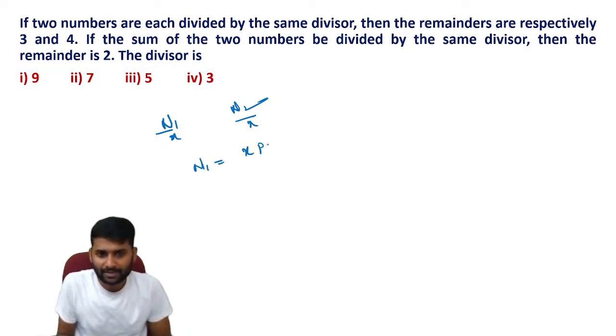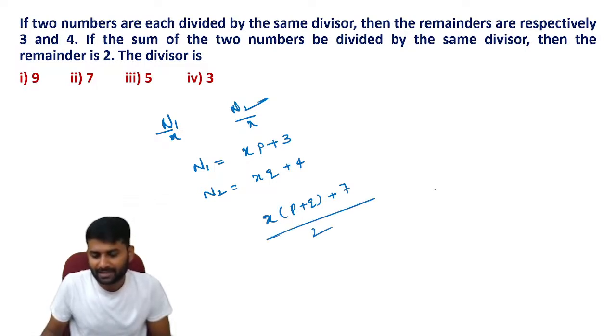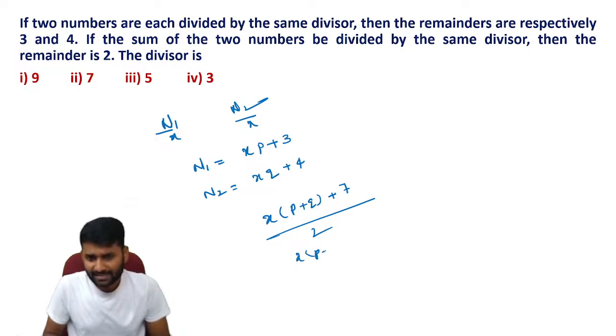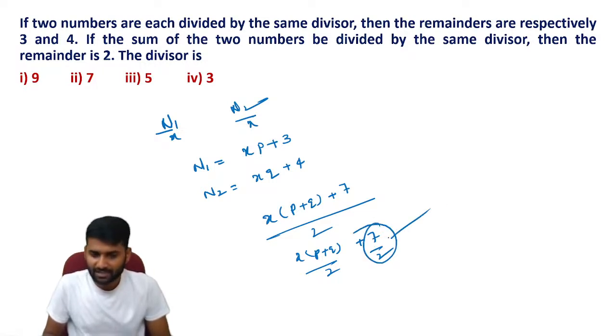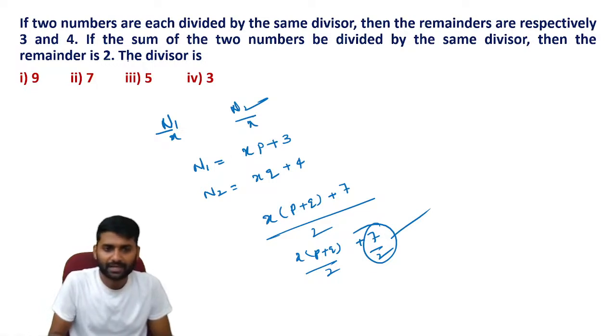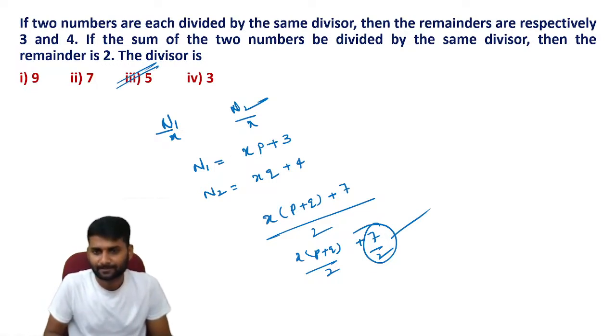What about the number here? x is multiplied with the quotient and the remainder is 3. What about number 2? x is multiplied with q and the remainder is 4. What about the sum? x times of p plus q plus 7. Now we are going to divide these numbers by 2. x into p plus q plus 7 divided by 2. If 7 is divided by 2, it leaves remainder 5.